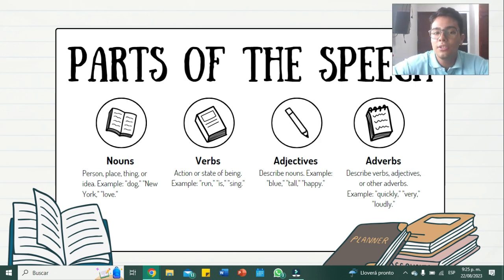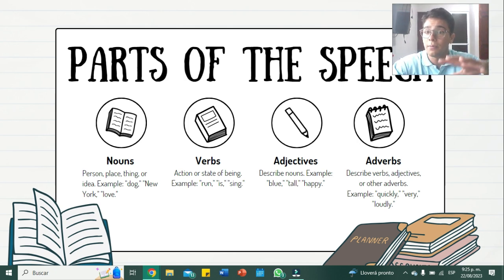Then we have the verbs. That is the action or the state of being. For example, run, is, sing. These are examples of verbs that we can commonly have in our daily life. Then we have the adjectives, which we use, of course, to describe nouns.